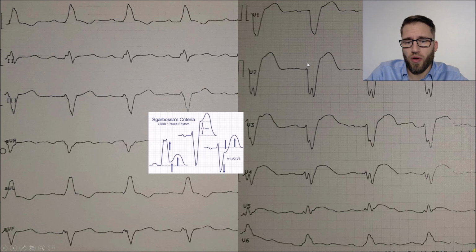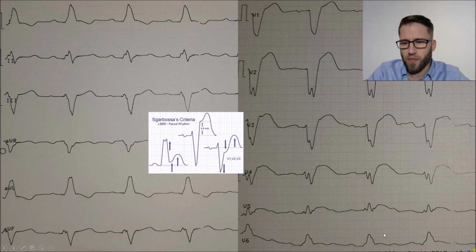Let's have a further look. If we have this one positive in V1, V2 or V3, no we don't. We don't have ST depressions here. But what we have also is the first Sgarbossa criteria. This first Sgarbossa criteria is a concordant ST elevation in one of the ECG leads.